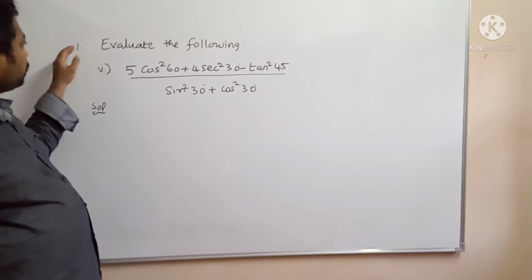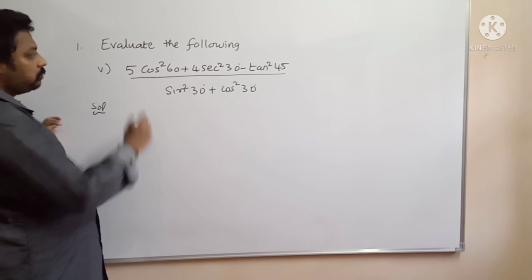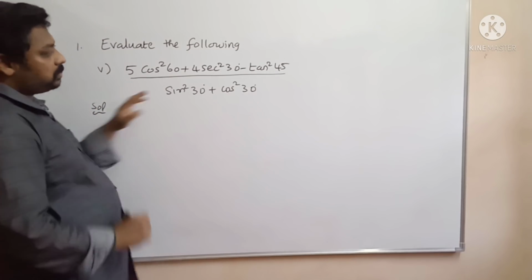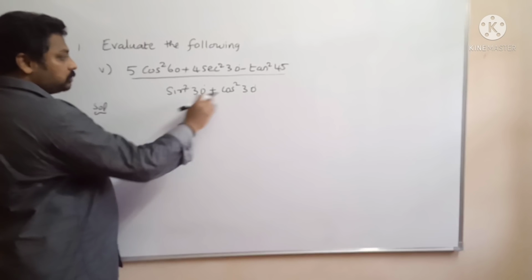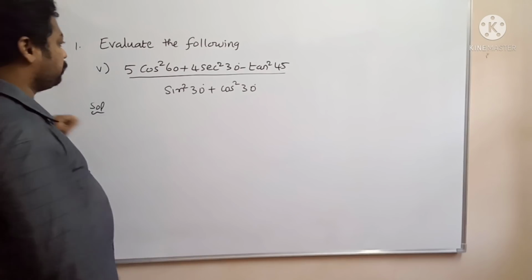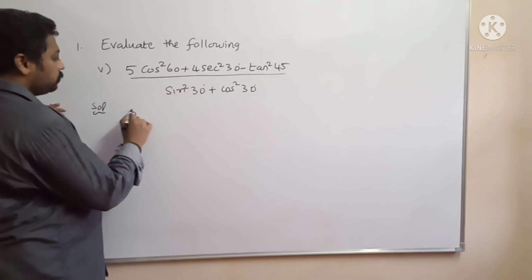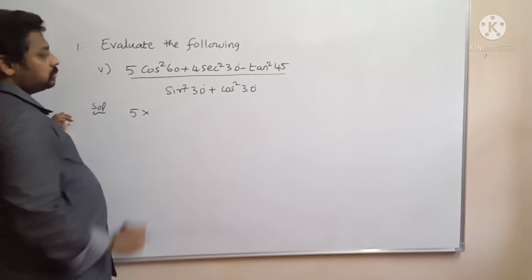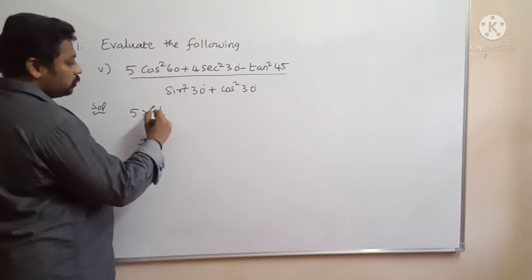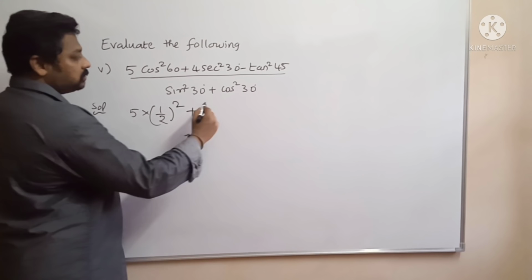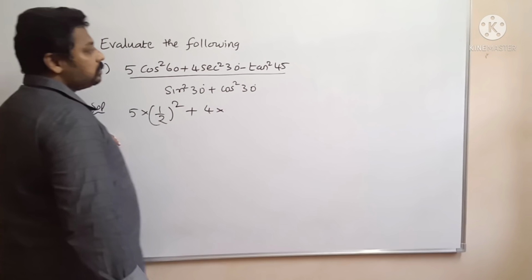Coming to the last Roman in first Arabic of exercise 8.2: 5 cos square 60 plus 4 secant square 30 minus tan square 45, whole divided by sin square 30 plus cos square 30. So 5 into cos square 60. Cos 60 is sin 30, and sin 30 is 1 by 2, so 1 by 2 whole square, plus 4 into secant square 30.